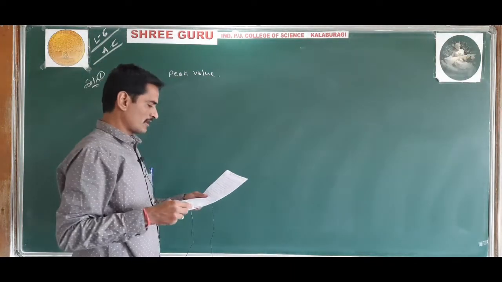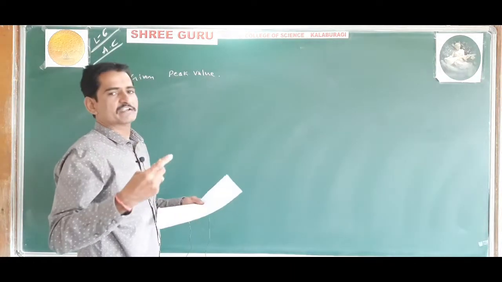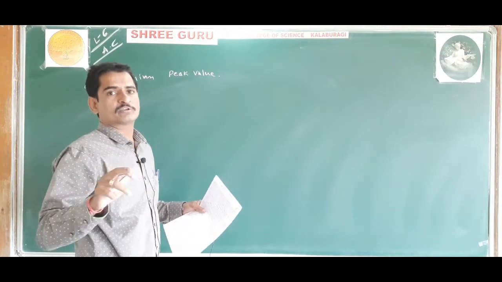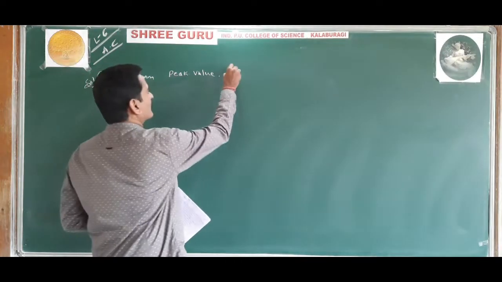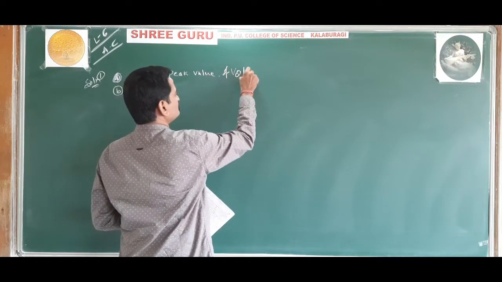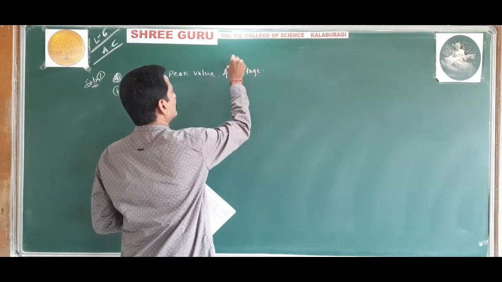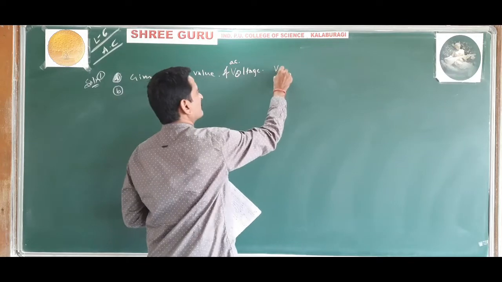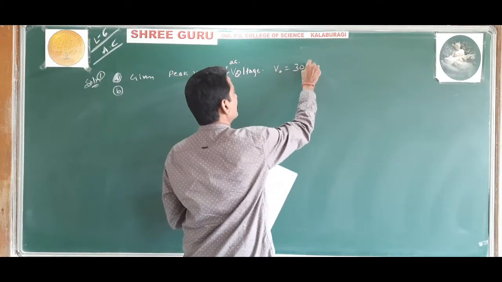So the maximum value of AC supply is 300 volt. Volt means it is potential difference, so that is V0. Peak value of AC voltage, V0, is equal to 300 volt.